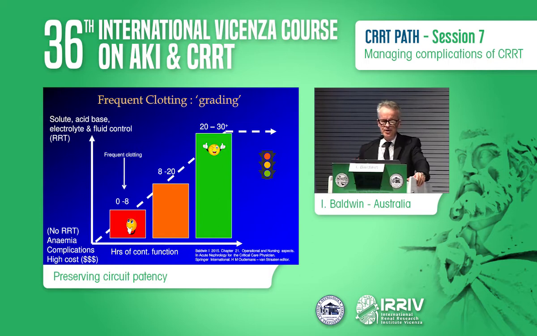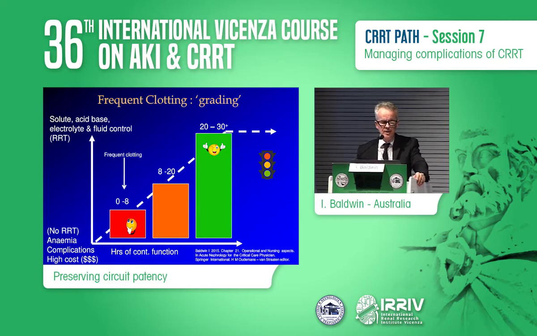This is my approach to what I might call the traffic lights. People ask me the question, what's considered reasonable, or the benchmark. Zacharias just talked about the fact that around 24 hours is true. I've said, if you're getting between 20 and 30 hours of continuous function, you're doing pretty well, and you're in the green zone.